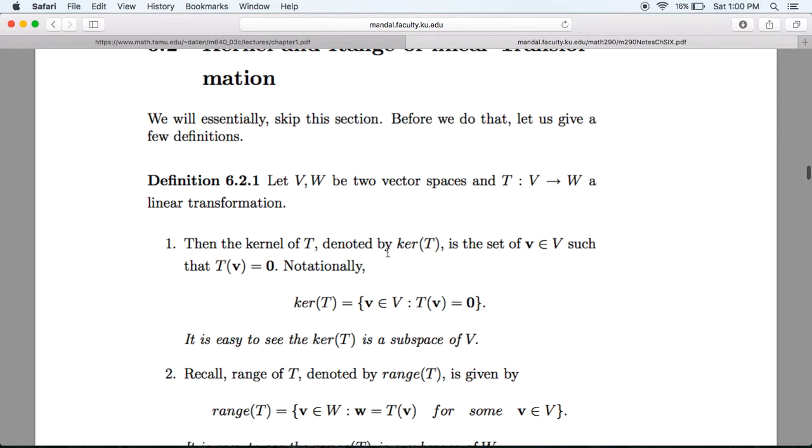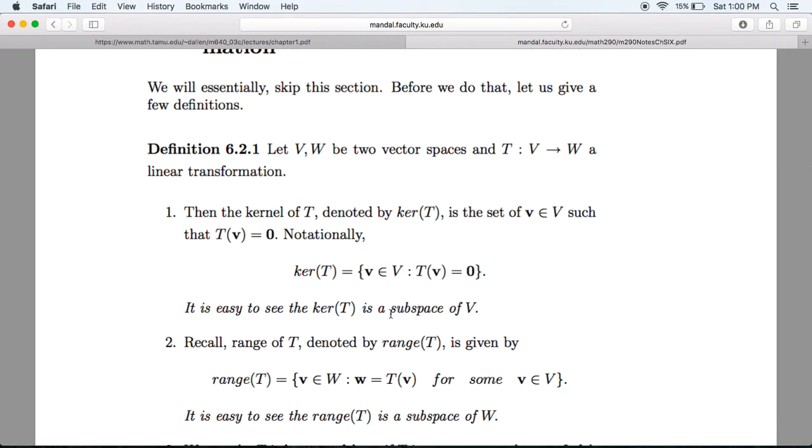The kernel of T, also denoted by ker T, is the set of all those vectors small v in the domain space V such that the image of this small v under T is 0. So in set builder form, I can write it as ker T is equal to all those v in V such that Tv is 0. You can easily check that ker T is a subspace of V.